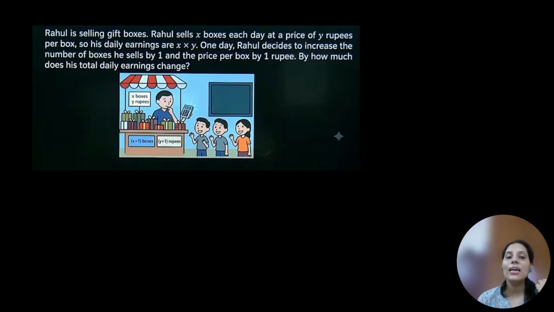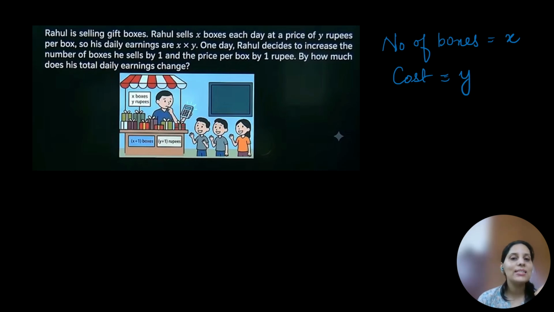Rahul is selling gift boxes. Rahul sells X boxes each day at a price of Y rupees. So number of boxes is X, cost is Y rupees.